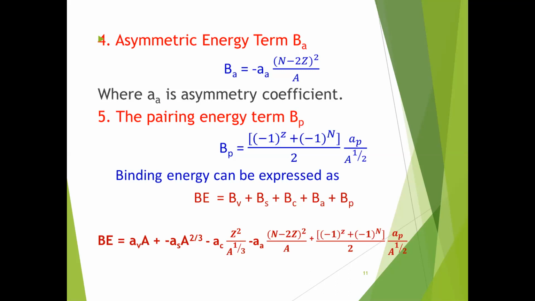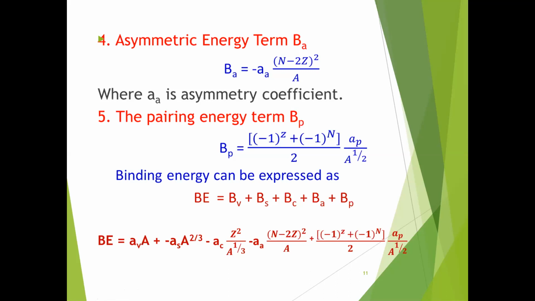The neutron asymmetry gives rise to a disruptive term in the nuclear binding energy expression. Therefore, it comes with a minus. So Ba is equal to minus AA times (N minus Z) squared by A, where AA is the asymmetry coefficient.